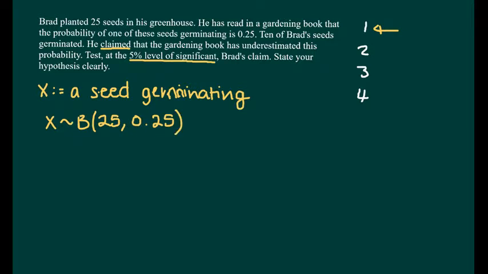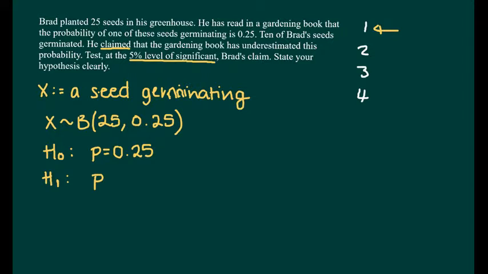Okay, our hypothesis then. Well, our null hypothesis is that the probability remains at 0.25. Our alternative hypothesis, well, let's have a think about what the question has asked us. So H1, is the probability bigger than 0.25, less than 0.25, or just not 0.25?